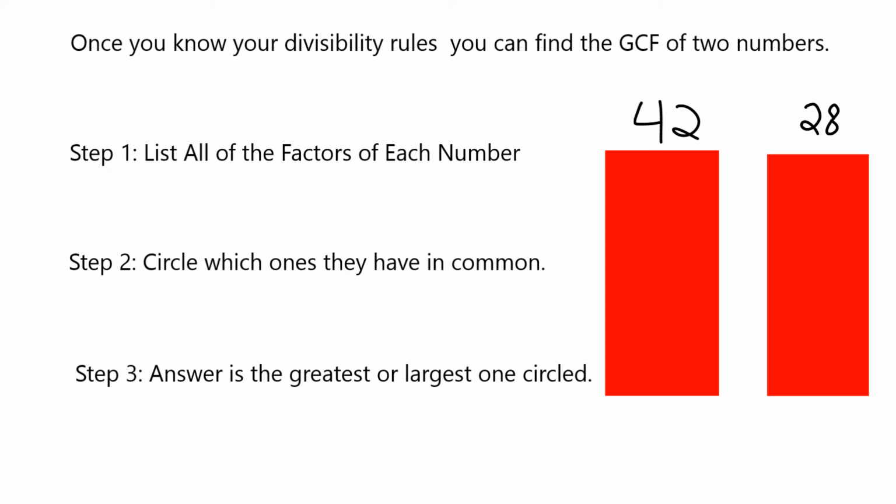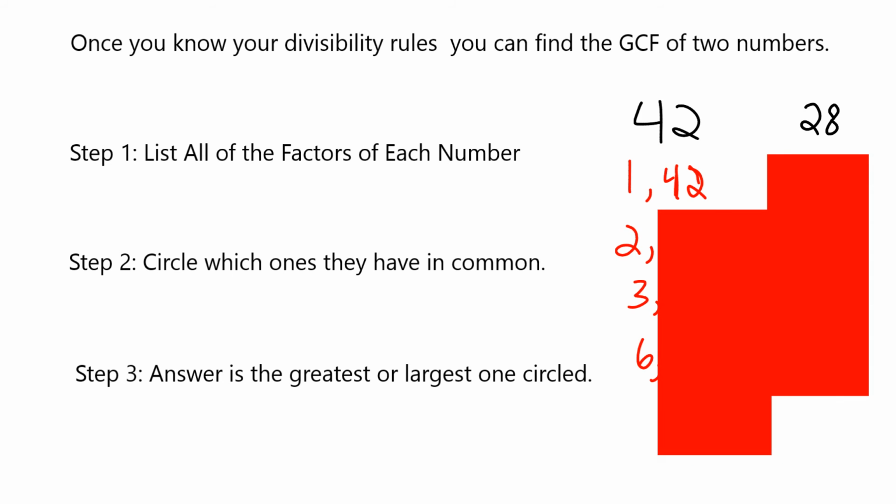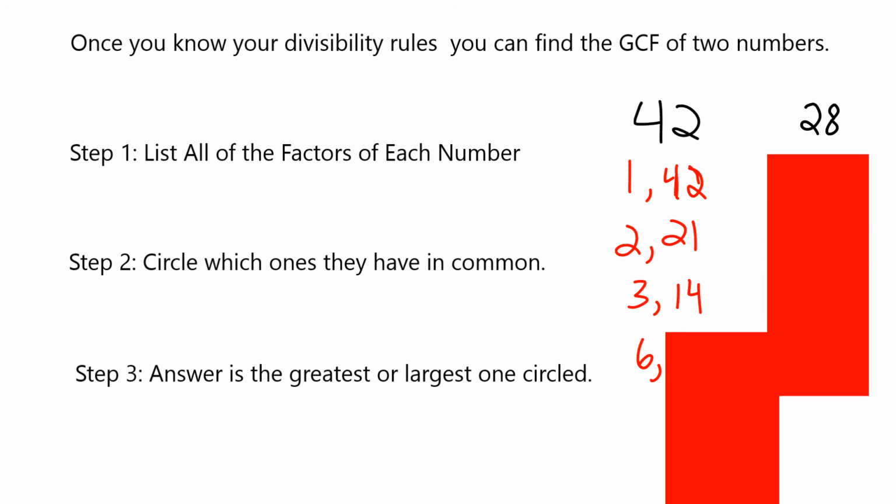If you're going through your divisibility rules, it shouldn't be too difficult to come up with 1, 2, 3, and 6 as factors of 42. For the larger numbers, the bigger factors, try using a calculator. Divide 42 by each of those factors you found, and you'll be able to find the larger factors that go into 42.